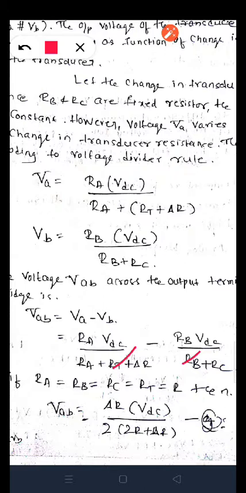Suppose the resistors RA, RB, RC and RT are all equal to R. Then VAB is equal to delta R into VDC divided by 2 into 2R plus delta R.